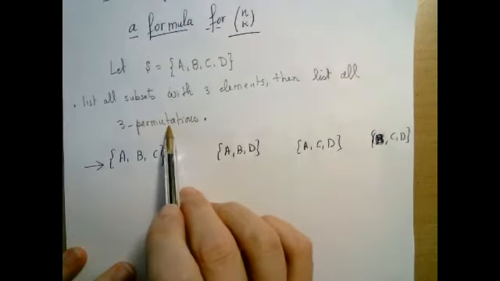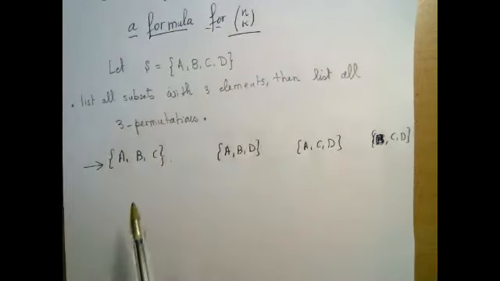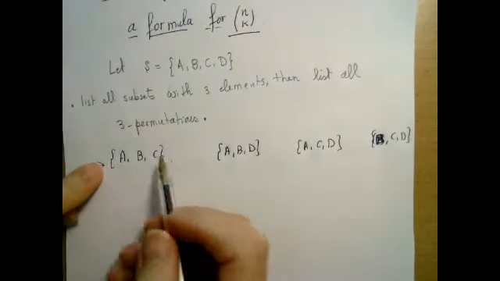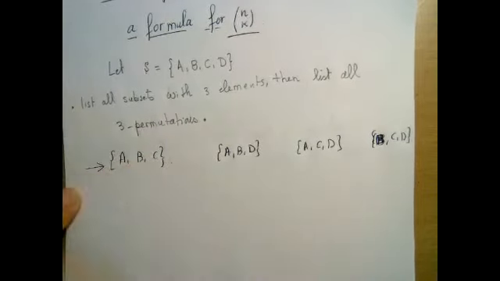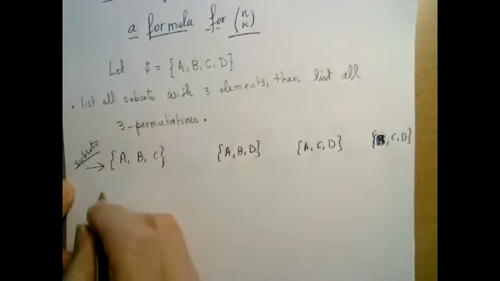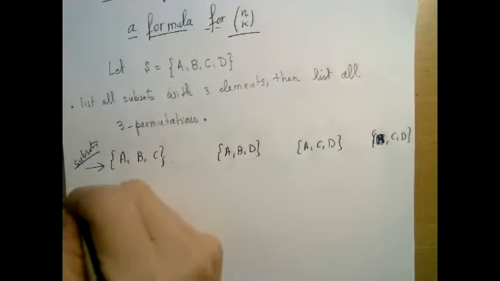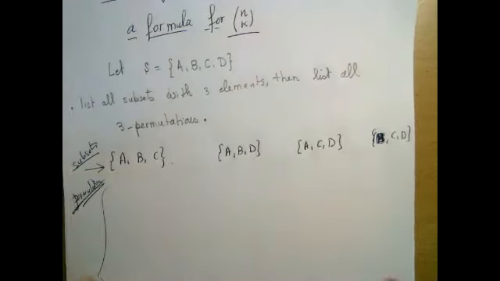Every permutation has to contain 3 elements because it's a list of length 3. So suppose I take all the permutations that contain ABC. How many of those are there? So these are the subsets. Now here, I'm gonna list the permutations.